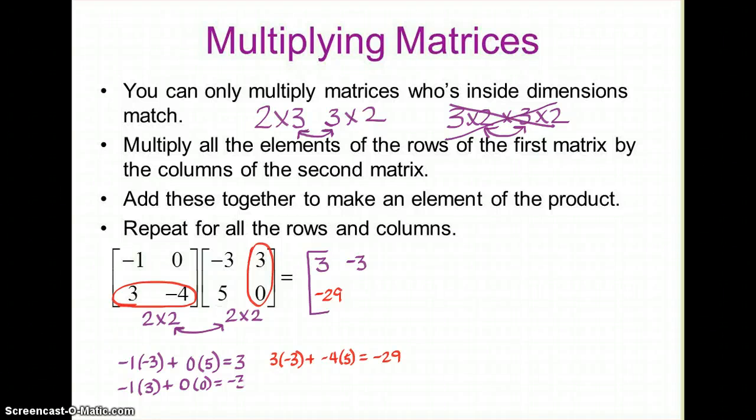So what I'm multiplying together are these two: 3 times 3, plus -4 times 0 this time. 3 times 3 is 9, and -4 times 0 is 0, so I end up with +9. Since that element came from row 2, column 2, I put a 9 in row 2, column 2. So for matrix multiplication, the inside dimensions have to match, and you also have to multiply your rows times your columns.